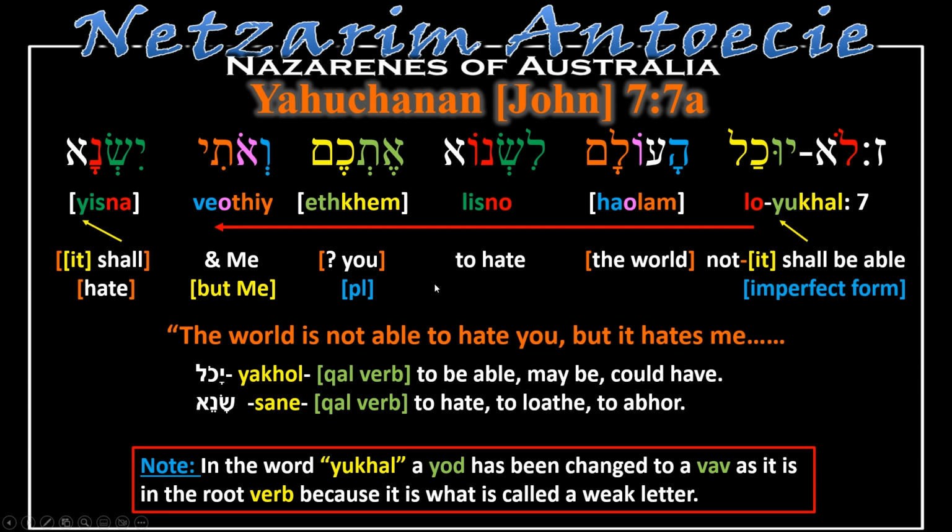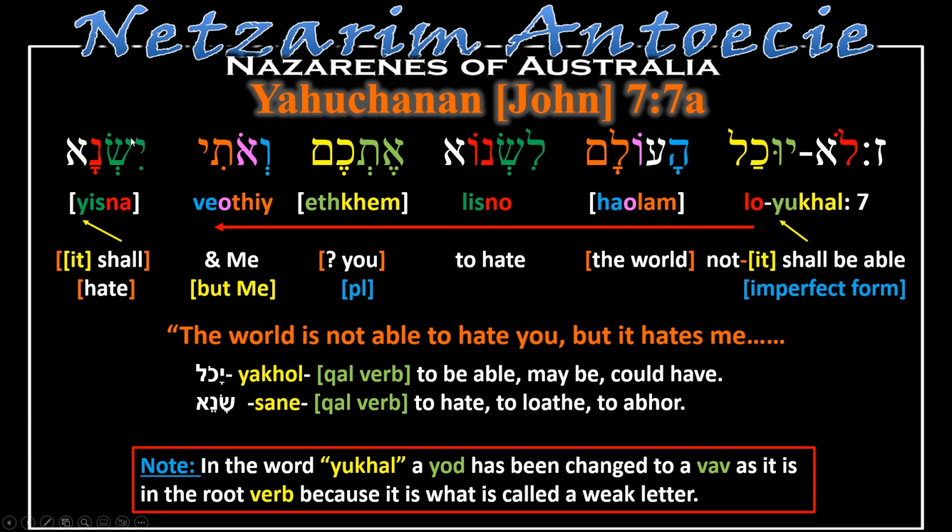Lisno, meaning to hate. And then we have et kem, which is a grammar marker, and you in the plural. The ot and me, and that could also be but me. Yisna, it shall hate.